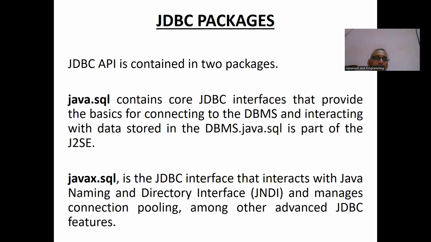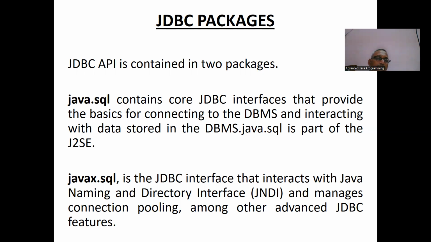The JDBC API is contained in two packages, java.sql and javax.sql. java.sql contains core JDBC interfaces that provide the basics for connecting to the DBMS and interacting with the data stored in the DBMS. java.sql is part of the J2SE. javax.sql is the JDBC interface that interacts with the Java Naming and Directory Interface and manages connection pooling among other advanced JDBC features.